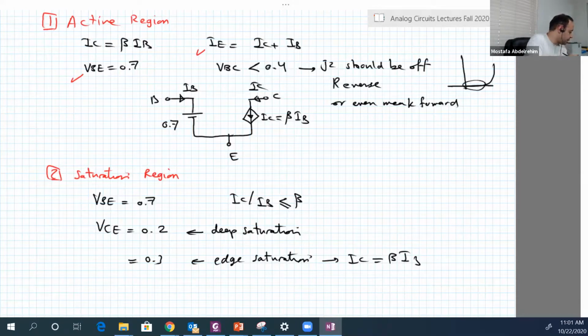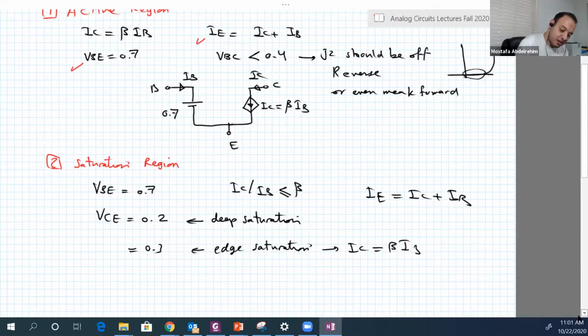Still, of course, IE is equal to IC plus IB. This is not changing as well. What is the equivalent circuit?